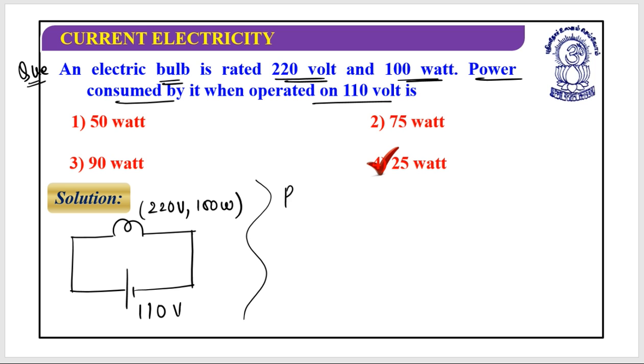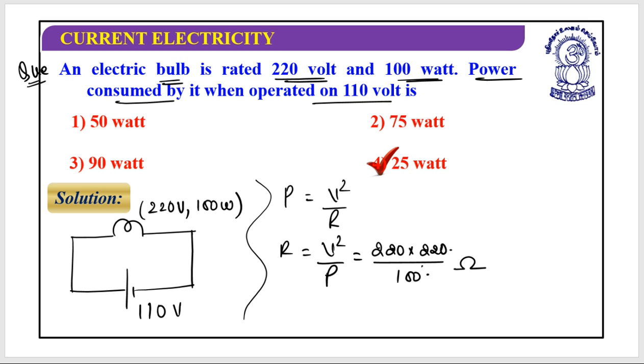P is equal to V square by R, so R would be equal to V square by P, which is 220 multiplied by 220 divided by 100 ohms.